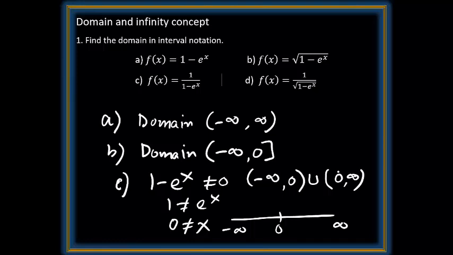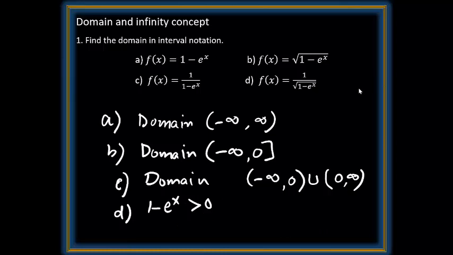Now we'll see the last one. What happens in the last one, you can compare with B. You have the same term. If I have a 0 here in B, nothing is wrong. But in D, I am not able to take a 0 here. So I just say 1 minus e to the x needs to be greater than 0.